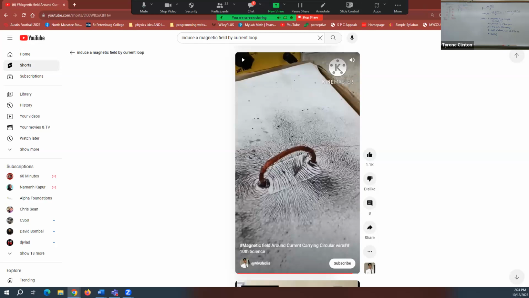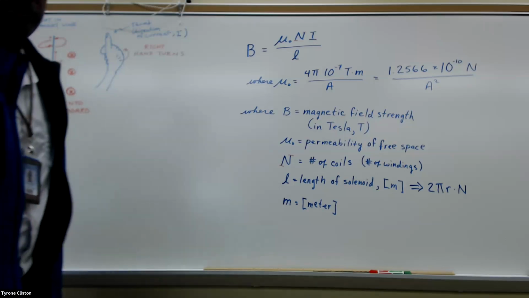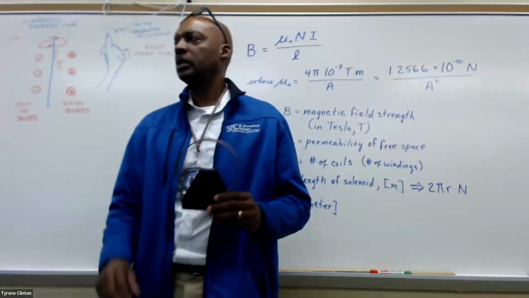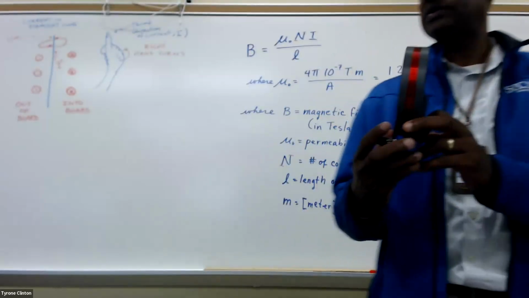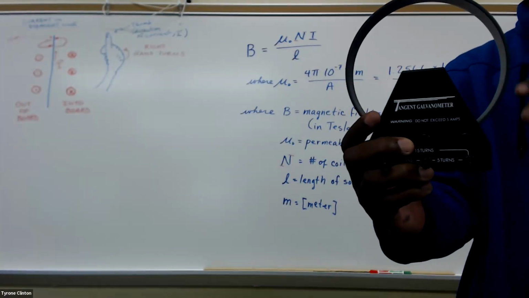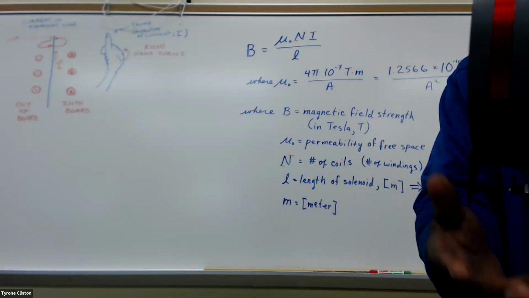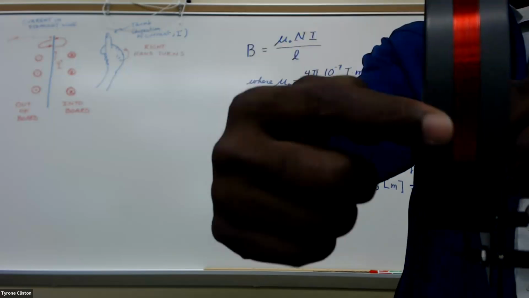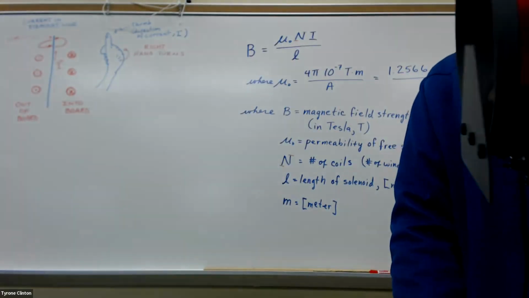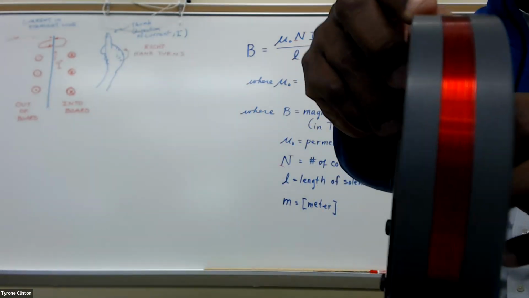And then finally, in what we do in class here, let me stop sharing. What we do in class is we produce an EMF using this thing right here called a tangent galvanometer. So the wires are a little bit cleaner. You can see around here are wires that are wrapped. See that? Really fine wires.